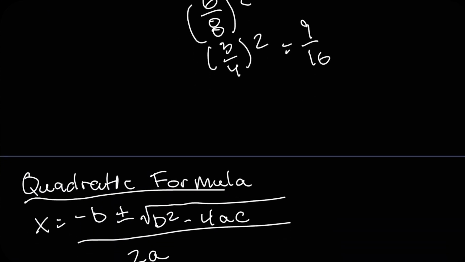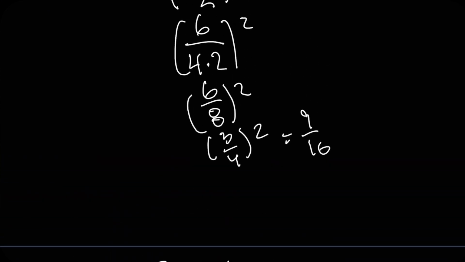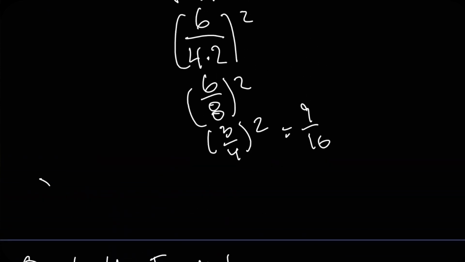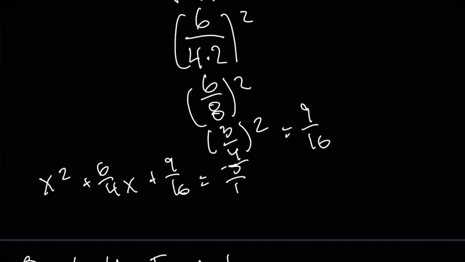And let's see what the final product gives us. This will give us x squared plus 6 fourths x plus 9/16 is equal to negative 5 fourths and then plus 9/16.